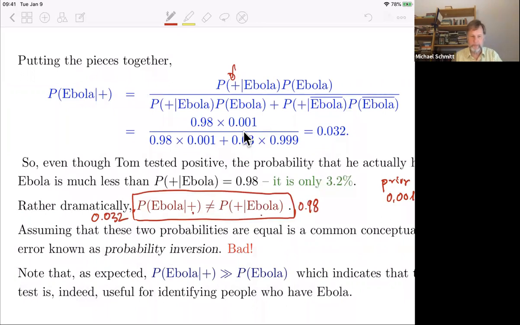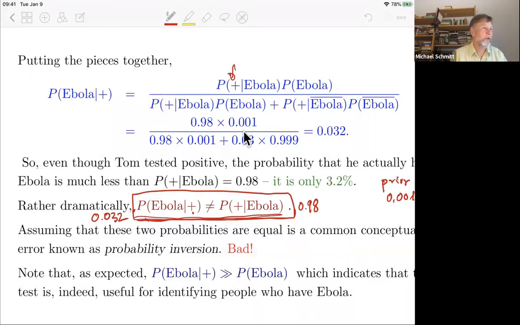Okay, so don't ever make this mistake. It's called probability inversion. Scientists make this mistake sometimes, and other people like science writers make this mistake all the time, and the general public does. So there are nasty corporations out there who want to take your money because they think you can't tell the difference here between the left hand and the right hand side. Be smart and don't make the mistake of probability inversion.